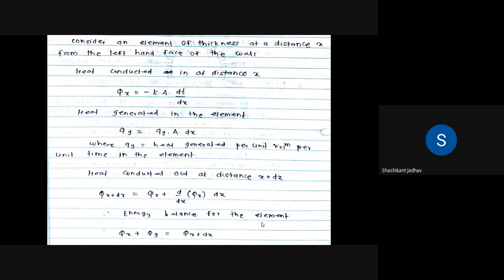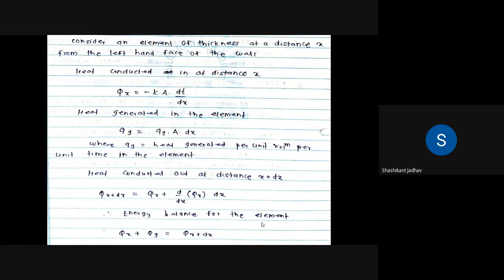So for that small element we have to write the energy balance equation. The qx amount of heat that is conducted into the element, plus the qg amount of heat generated in that element, is equal to the total heat conducted out from the distance x plus dx.